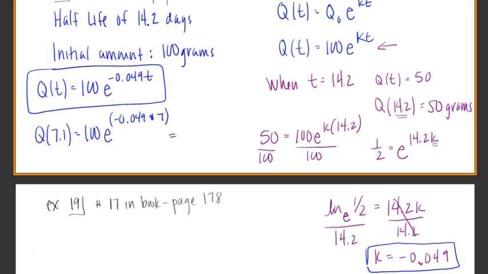And again, when we use that in our calculator, you're going to hit 100 and then second ln, so it types in that e to the power for you. Hit negative 0.049 and then times 7.1. And then when I do this, what comes out is roughly 70.9. Let's just do 71 grams. Okay, and there's the answer for the second part.